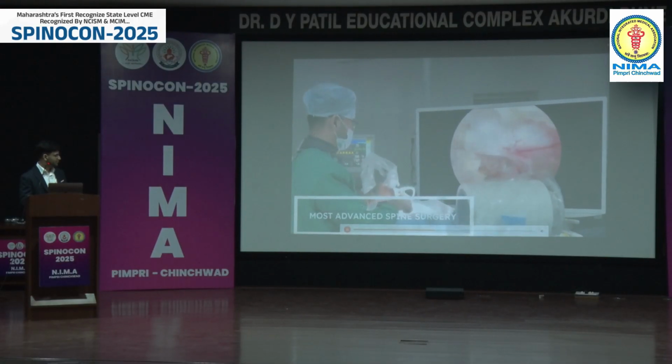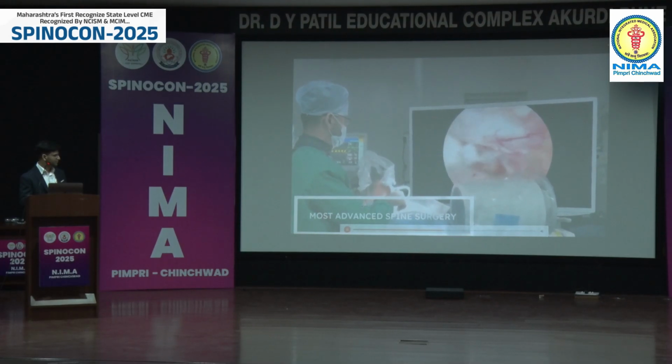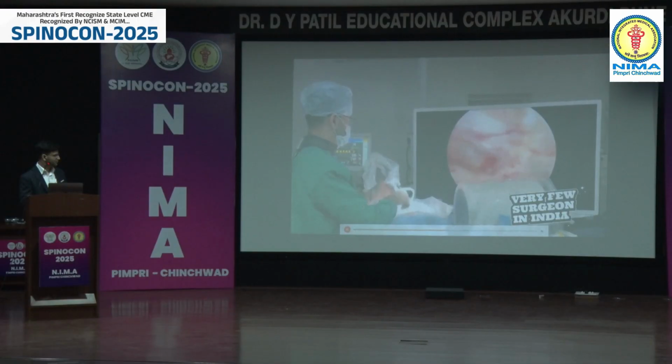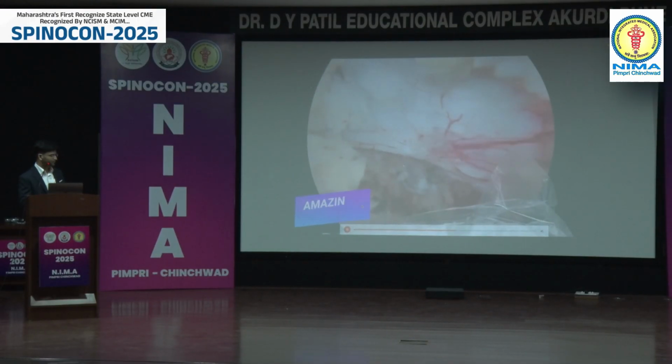The patient underwent the most advanced version of endoscopic spine surgery, also called UBE, which can be performed by very few surgeons in India. We use a 4K camera with amazing quality, giving very good visualization of the cord, nerve root, and dura. With this visualization, chances of injury to the dura or nerve are close to zero.